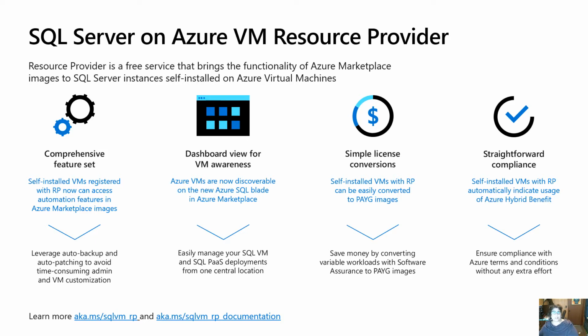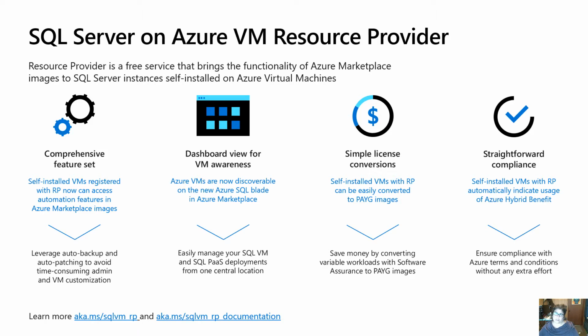And this also allows you to manage licensing in a much more simple way. When you want to leverage that Azure Hybrid Benefit, if you don't have the resource provider, then there's paperwork that's involved with leveraging that benefit. As long as you register with the resource provider, we take care of that for you.